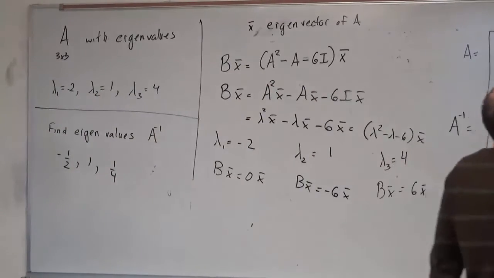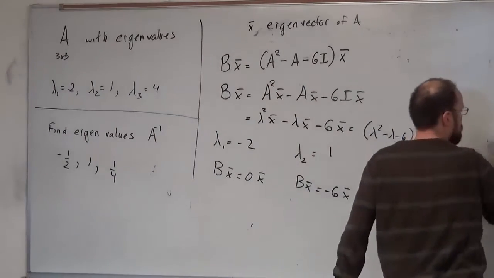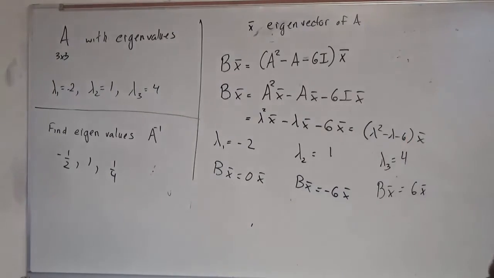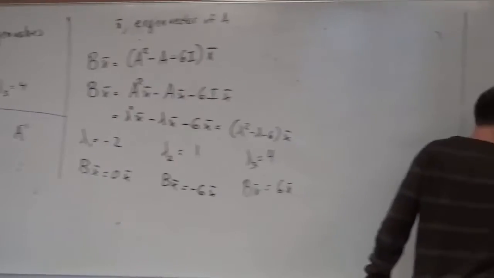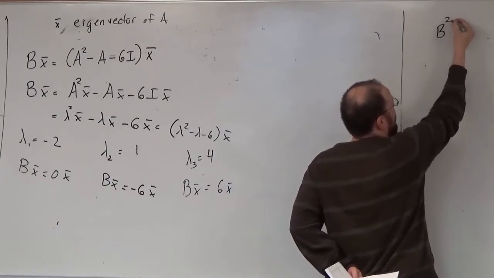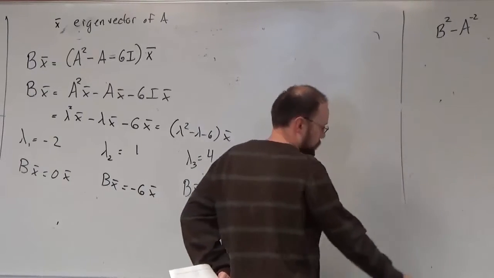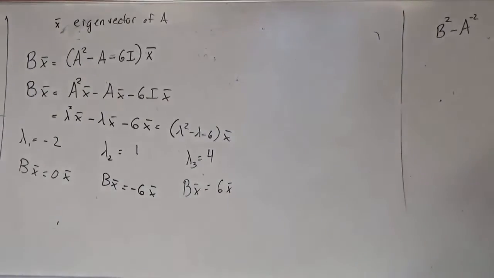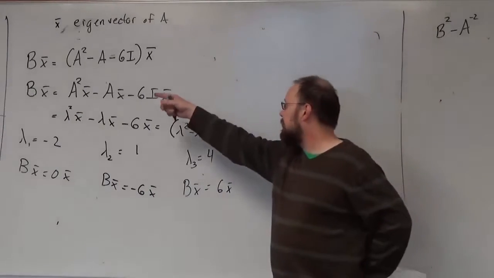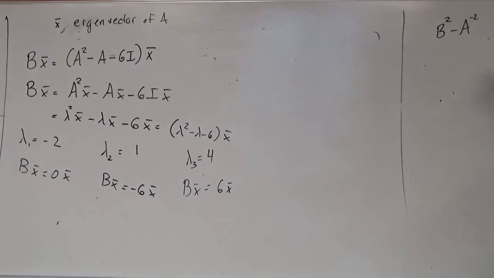And so what about finding the eigenvalues of B squared or something? So we want to find the eigenvalues of like this animal, right? Same procedure. You can even assume that A is diagonal, and then you define B so you can compute B directly and see what you get.